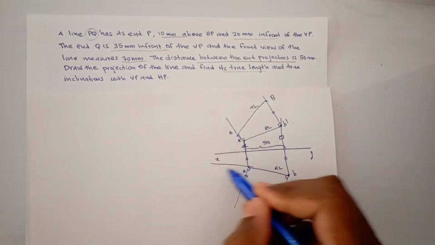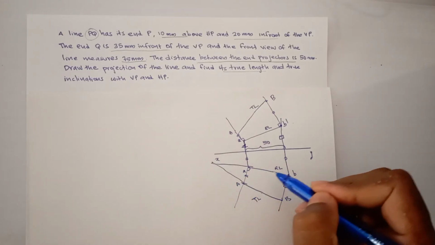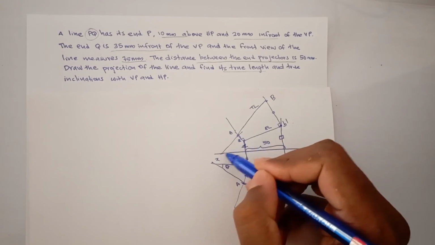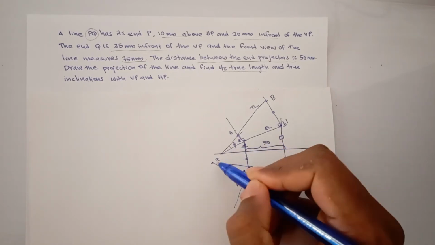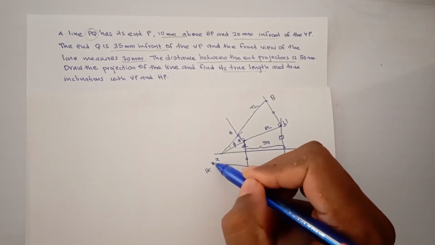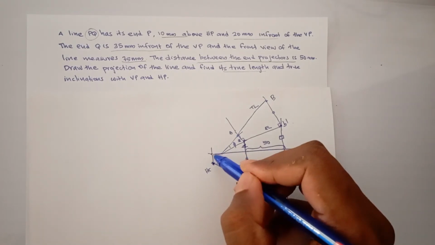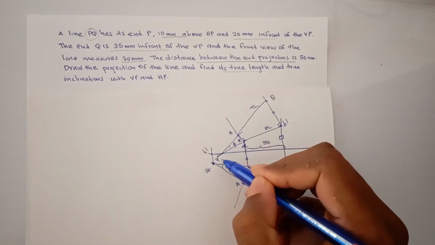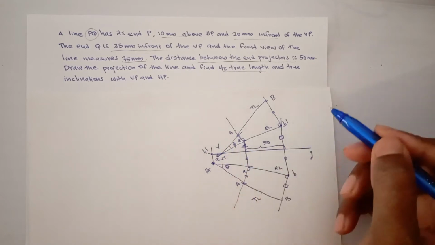You need to extend both the top view, this will be theta, and you need to extend both the front view, this is phi. The point at which both the reduced length and true length meet is HT, and its projection onto the XY line is known as H dash. Here also this is VT, this is V.